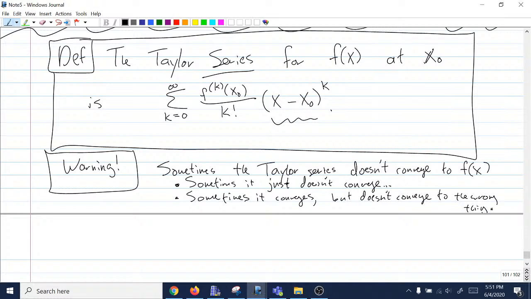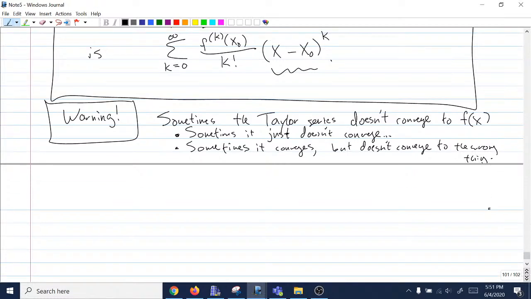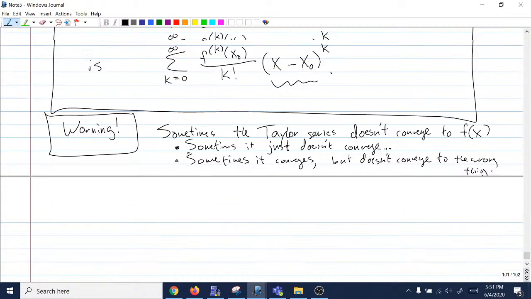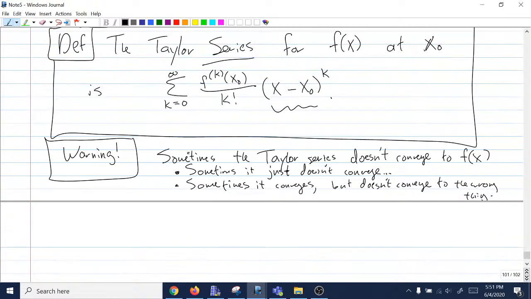If we were doing the Maple Lab part of this, I have a Maple project that's about investigating a function that has that property. No, I'm not going to spend too much time on that. Just a heads up: we spend a lot of time talking about the Taylor series in the abstract, but the Taylor series is not always the same as the function.